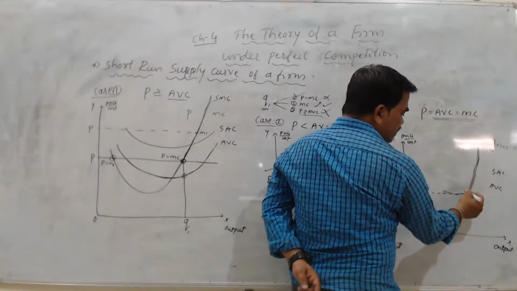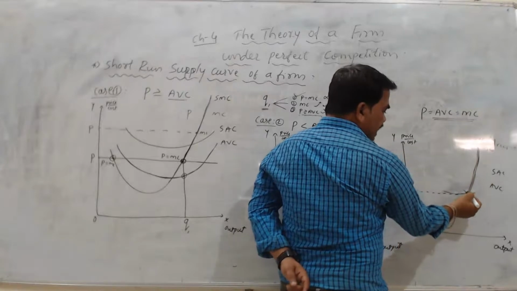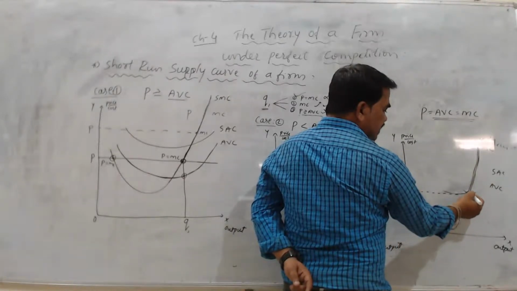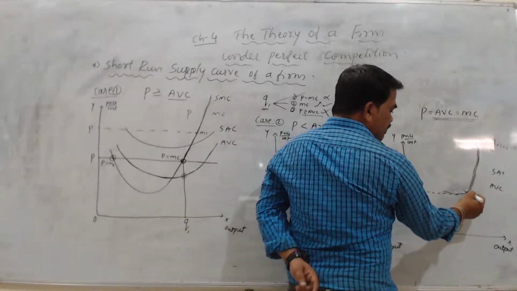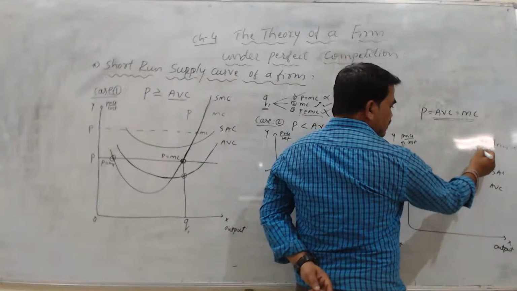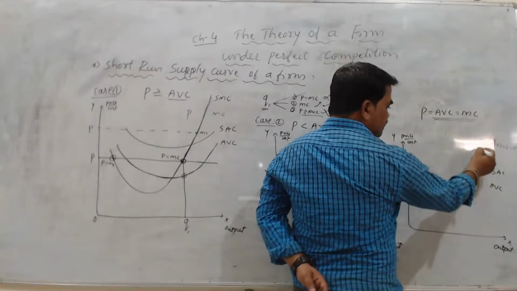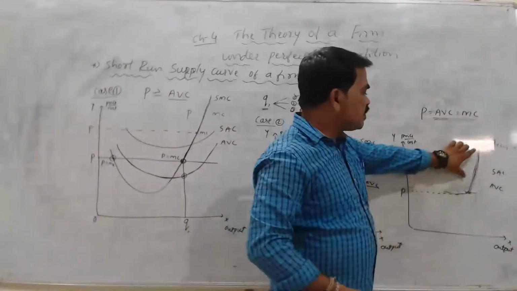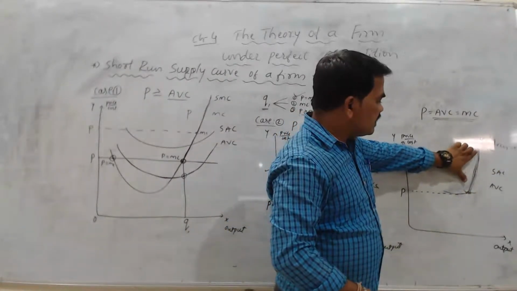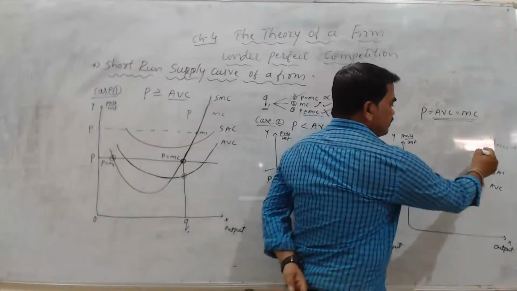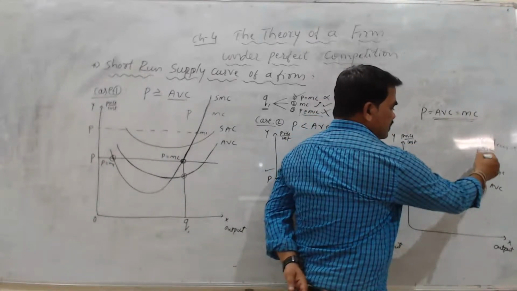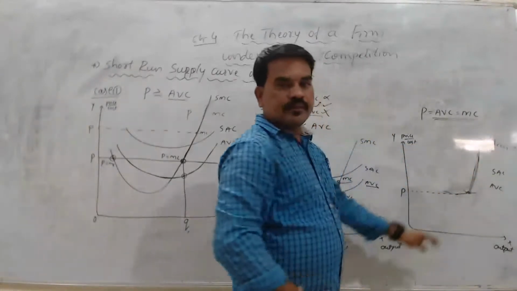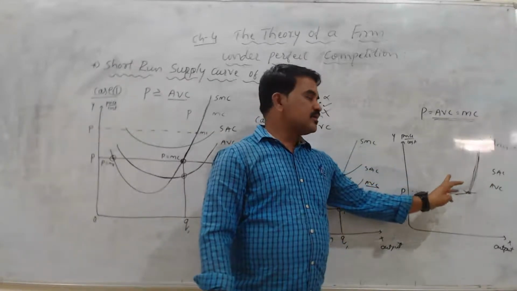From here, average cost, price, and marginal cost, all three are equal. From this point, the marginal cost curve portion will become the firm's supply curve. This part will become his supply curve.